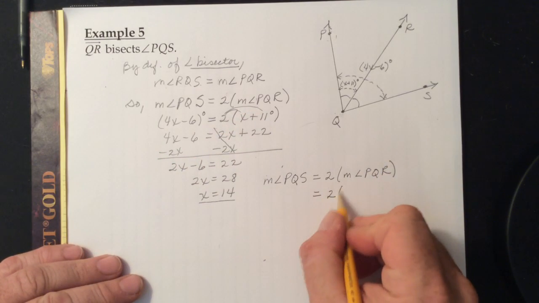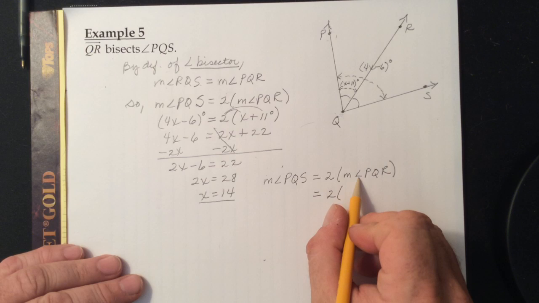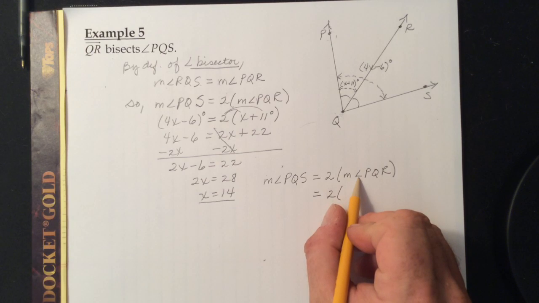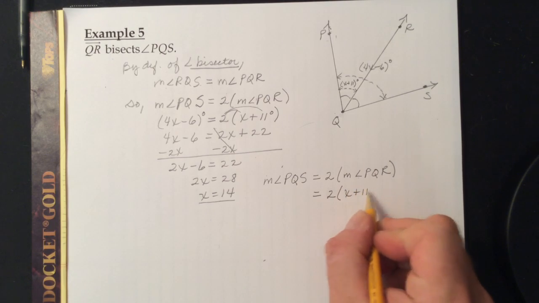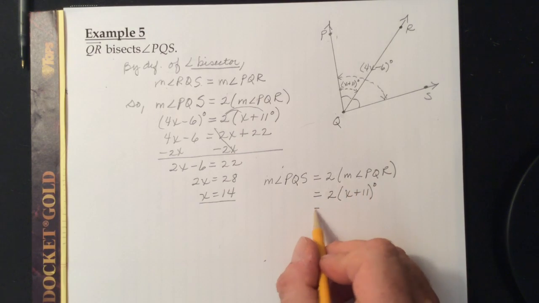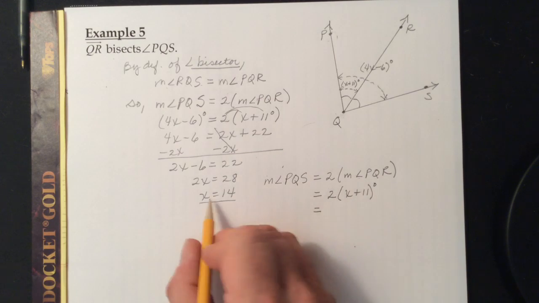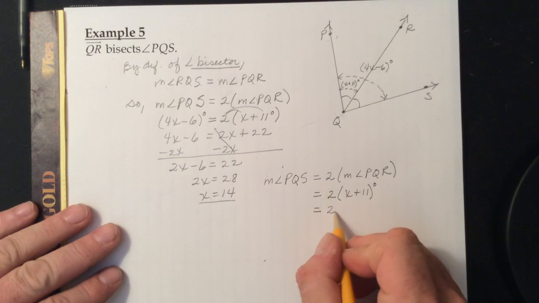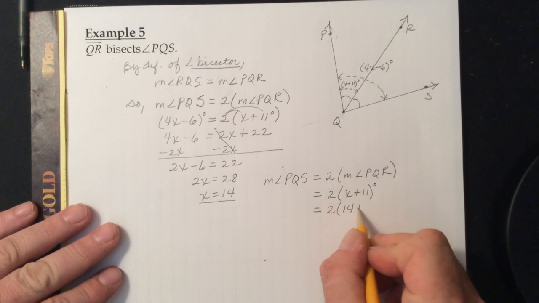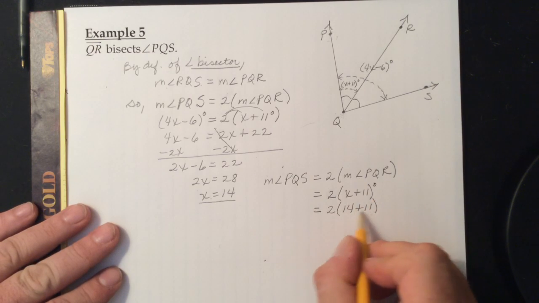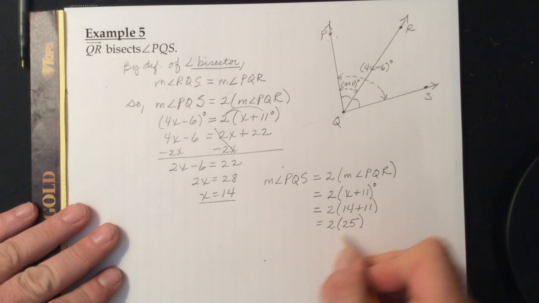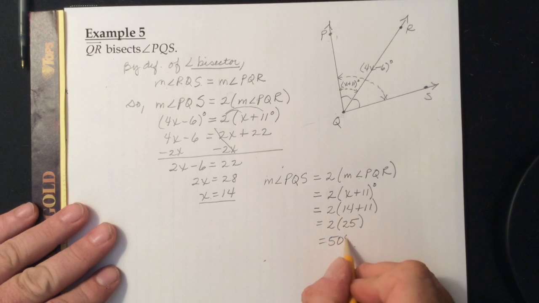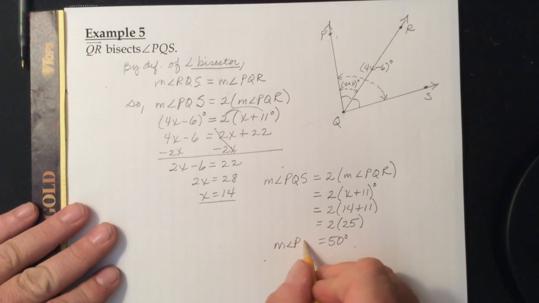So that's 2 times the measure of angle PQR, which in our problem was x plus 11. So x was 14. We substitute that in. We get 2 times 14 plus 11. 14 plus 11, so we'd have 2 times 25. And that gives us 50 degrees for the measure of angle PQS.